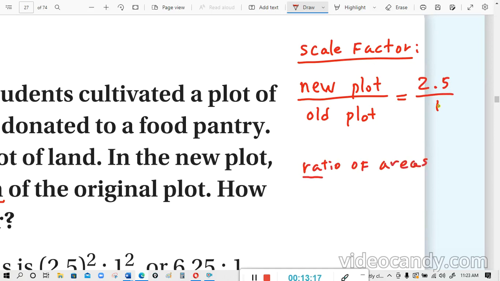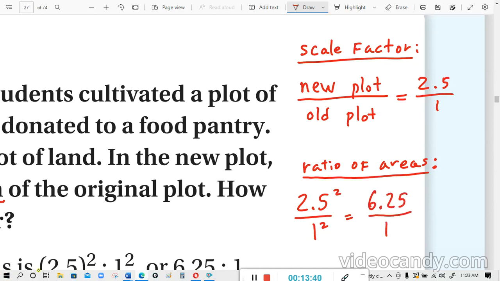All right, now for the ratio of the areas, you just square each one. So that's going to be 2.5 squared over 1 squared. And 2.5 squared is 6.25, and of course 1 squared is just 1.